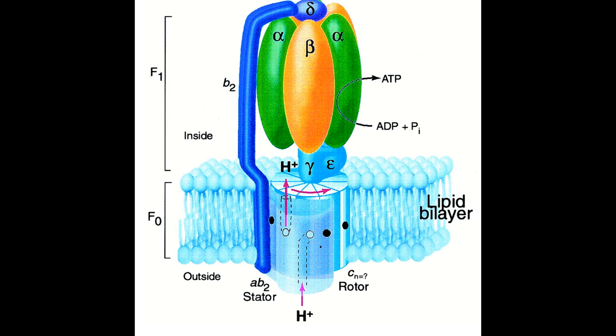When we have several hydrogen ions in the intermembrane space, the C subunit has two canals. It has an entry canal for the hydrogen ion, and the end of the entry canal is a deprotonated aspartate amino acid.